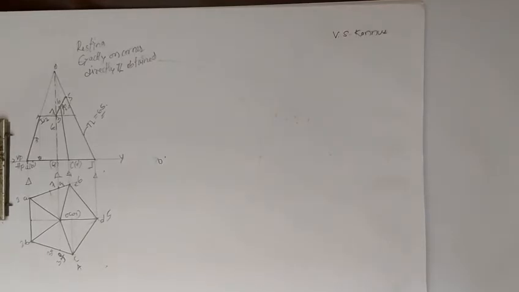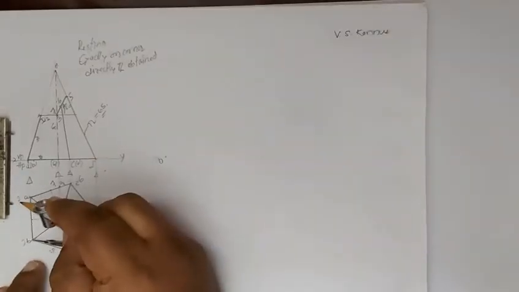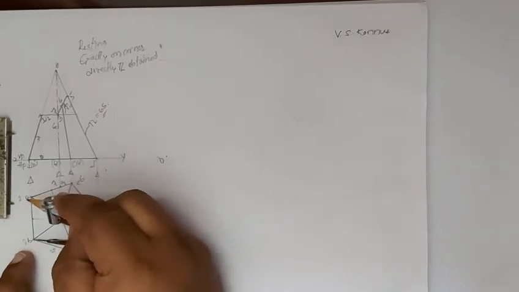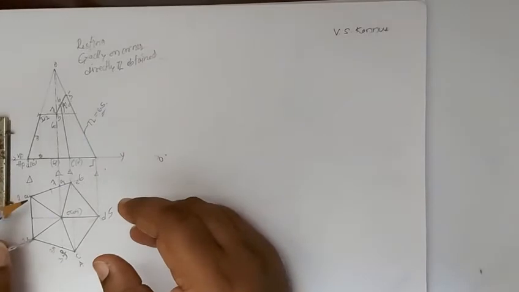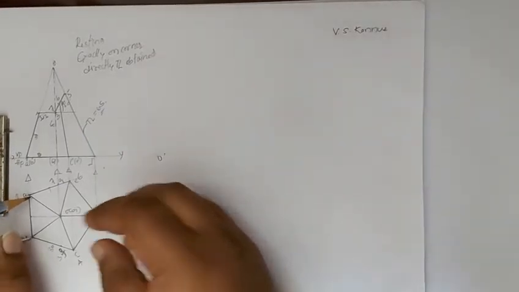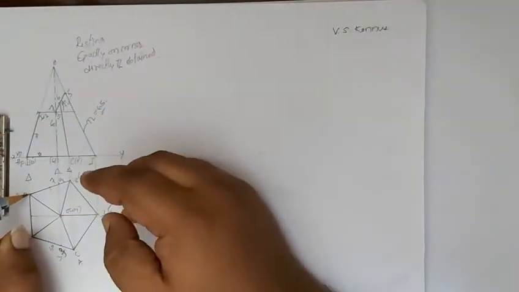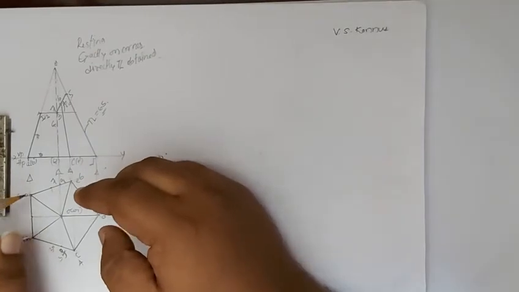Now take a distance of 30 millimeter. Take 30 mm from your divider. 30 millimeter you have to take, right? 30 mm I have taken.